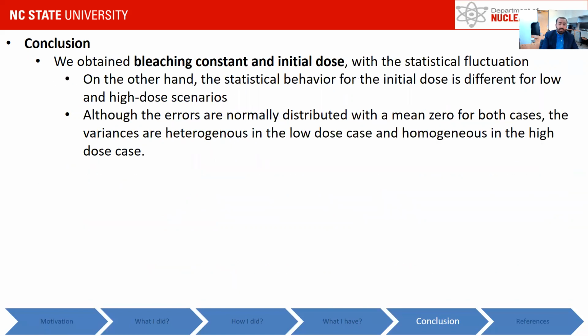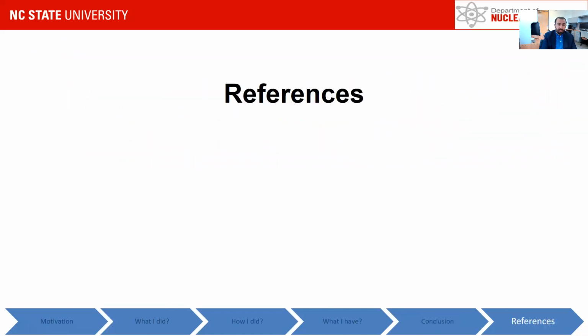But the statistical behavior for the initial dose is different for the low dose and the high dose scenarios. Although we checked that the errors are normally distributed with mean zero, the variances are heterogeneous in the low dose assessment and homogeneous in the high dose assessment.